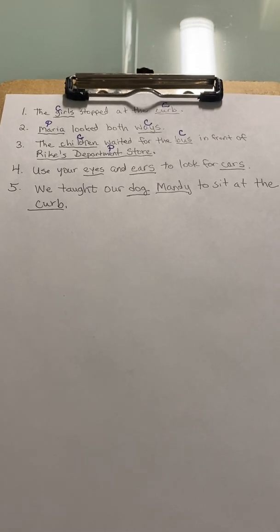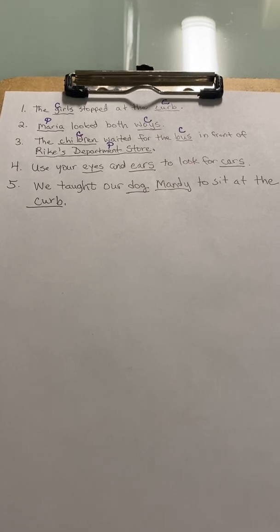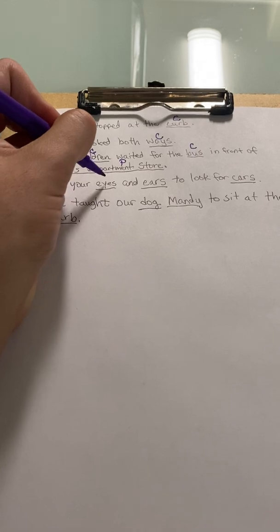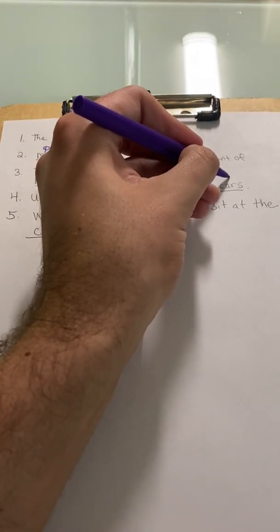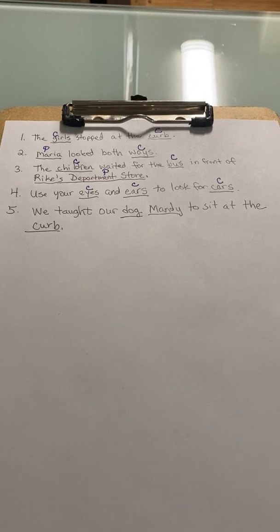Now, number 4. Use your eyes and ears to look for cars. So, eyes is definitely common. Ears is also common. Cars is also common. Now the last one. We taught our dog Mandy to sit at the curb. Let's see.